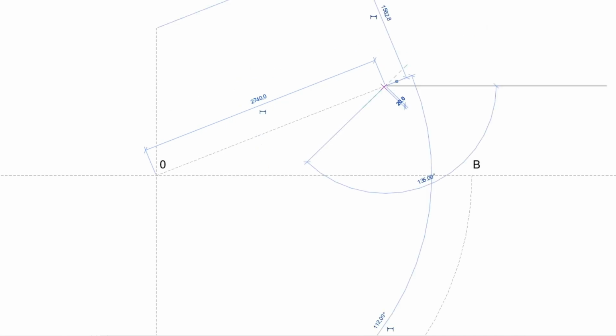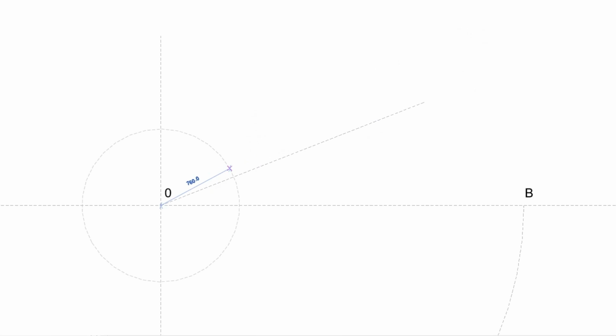Now what you have to do, you are going to be using Thales' theorem for this part. So go ahead on either side, construct Thales' theorem, and you're going to be dividing that line into 6 equal parts, okay?